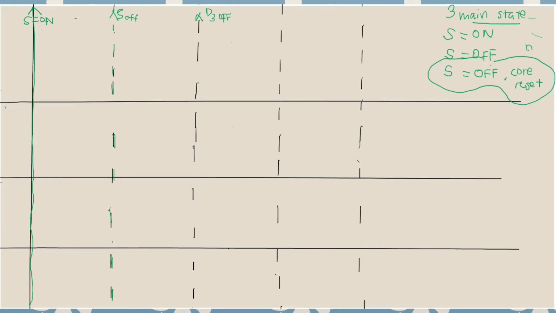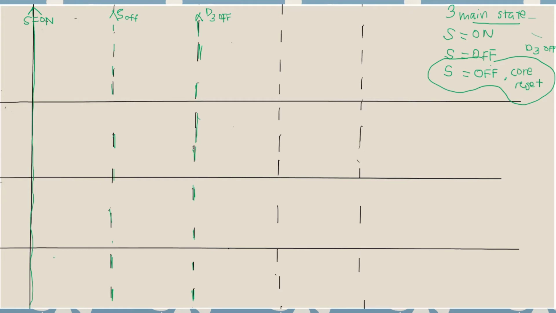This is when D3 is off. So D3 will follow this line as well. At this line is where D3 will start to turn off, during the core reset.